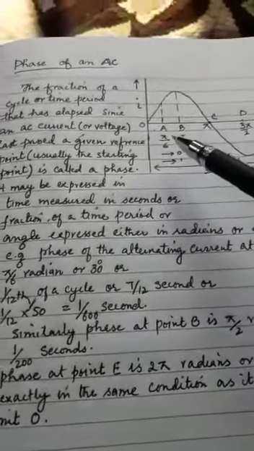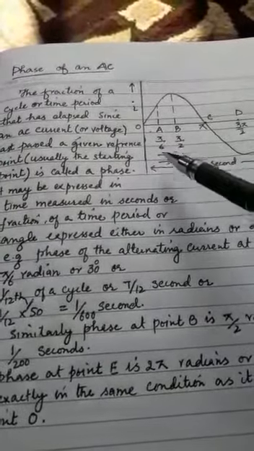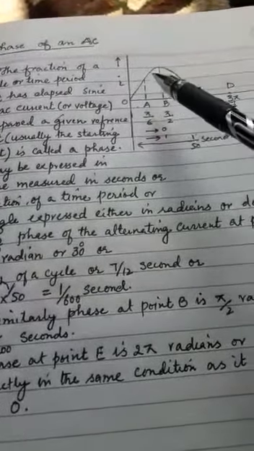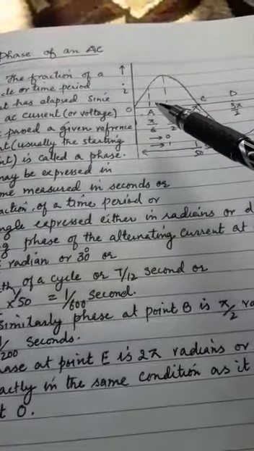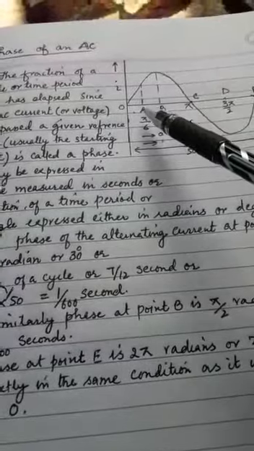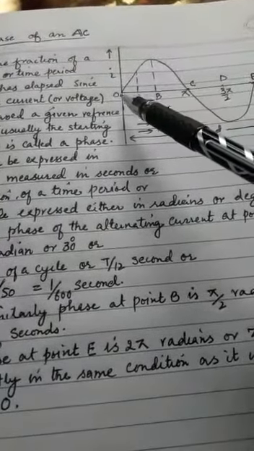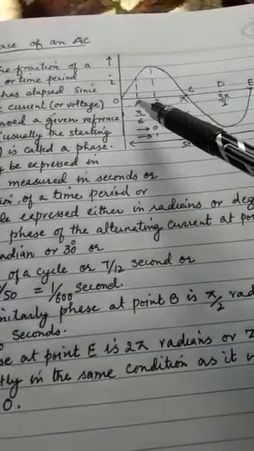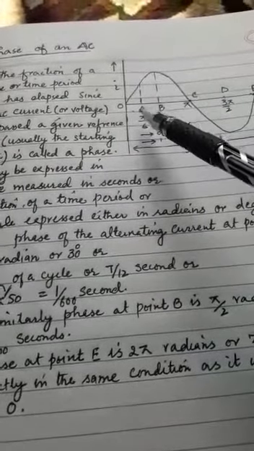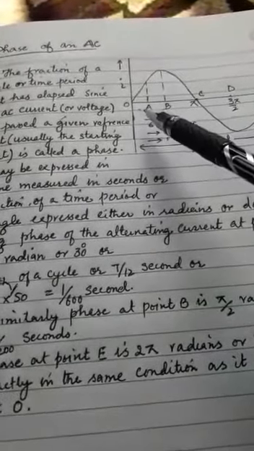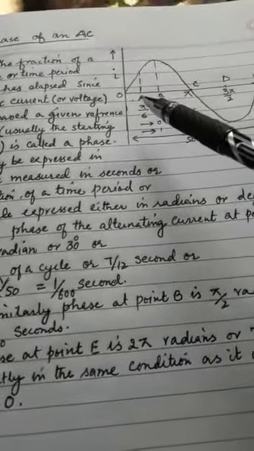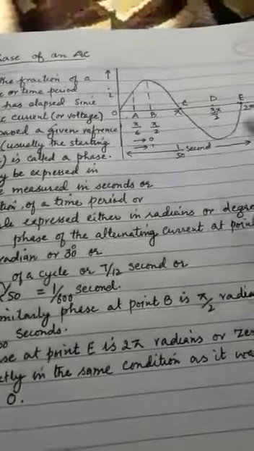So here it is pi by 6, and this portion is 1 by 12th of the sine wave, because this is the starting point, the initial point. 1 by 12th portion means the lowest section of the sine wave.